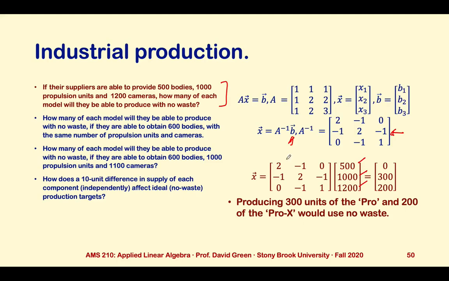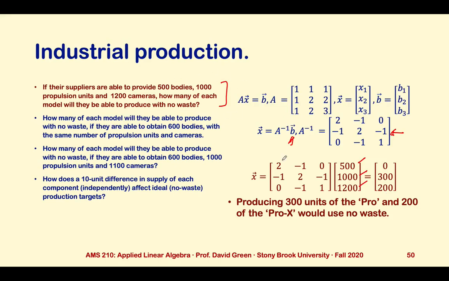For the first entry, 2 times 500 minus 1,000 gives us 0. For the second entry, negative 500 plus 1,000 minus 1,200 is 2,000 minus 1,700 is 300. For the third entry, 0 minus 1,000 plus 1,200 is 200.